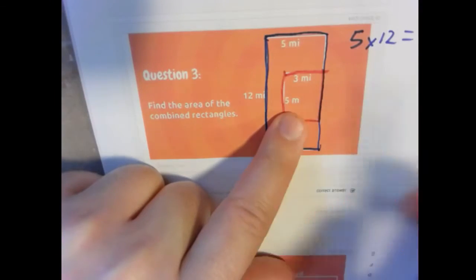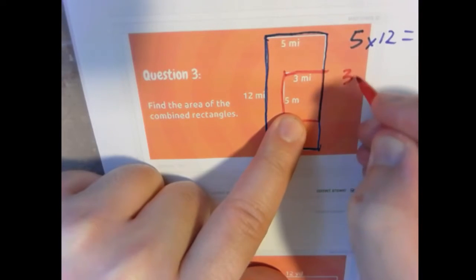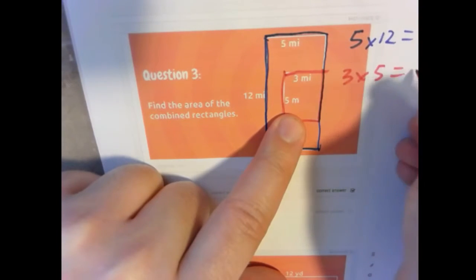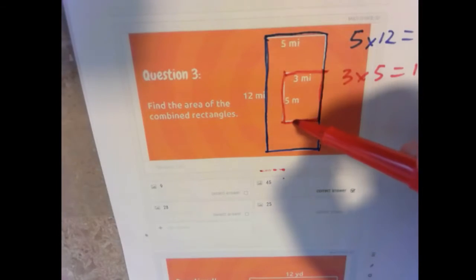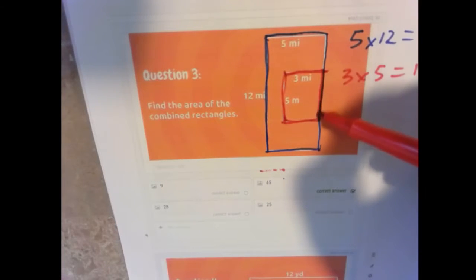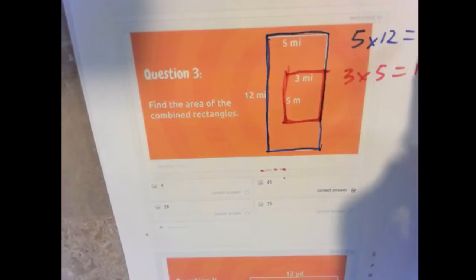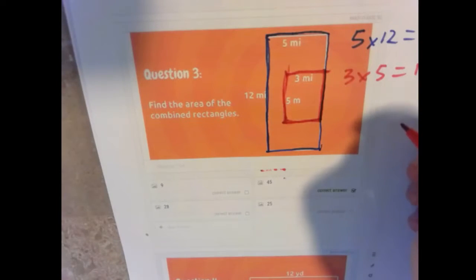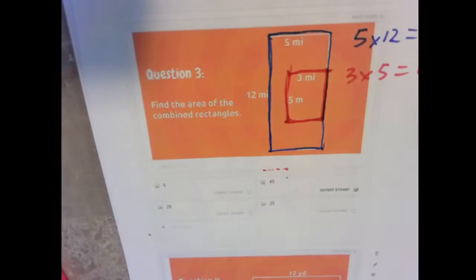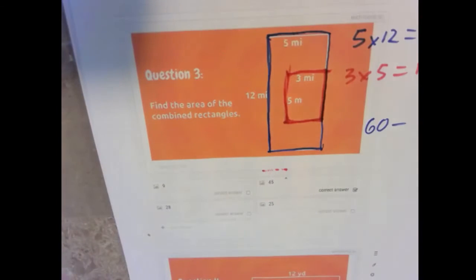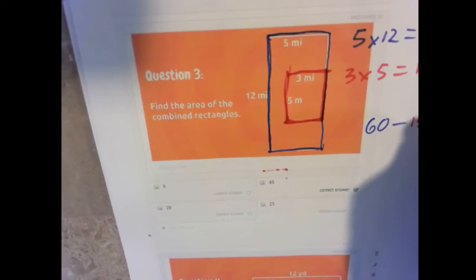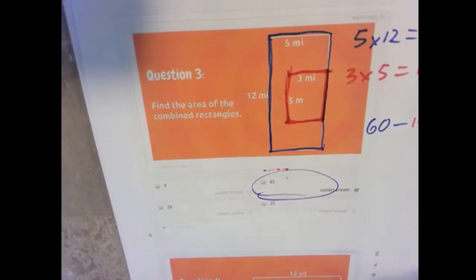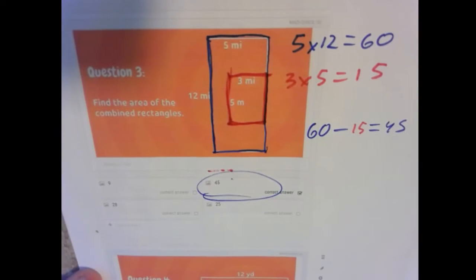So 3 times 5 is 15. Okay, so we take the entire blue area of 60 and we take away the chunk that was bitten away, as if this was a cookie. So 60 minus 15 would give us 45.